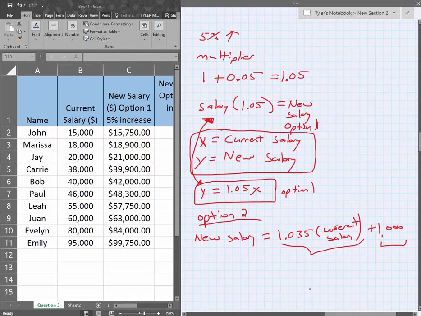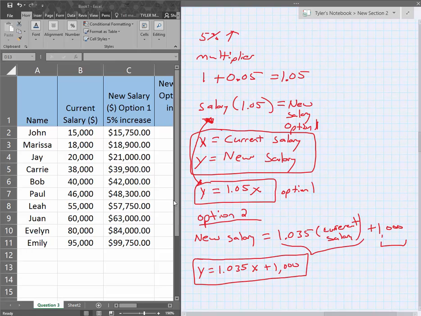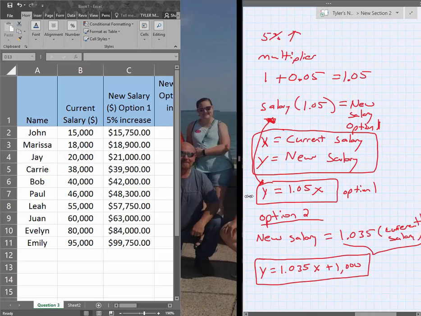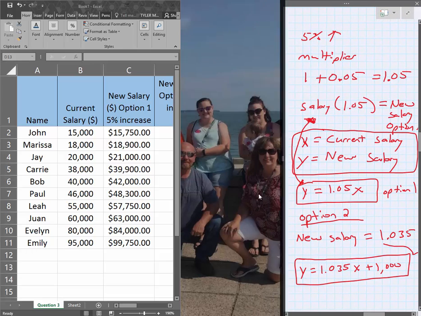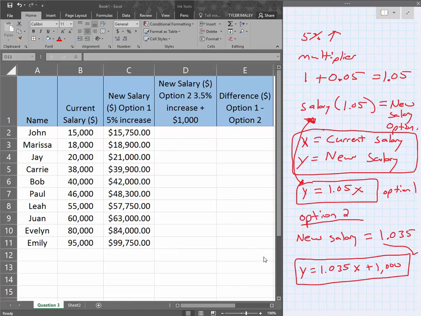If I want to write this in symbols like I did above, this would be y equals 1.035x plus 1,000. So this would be option 2. I'll just bring this back over here. So this was option 2.